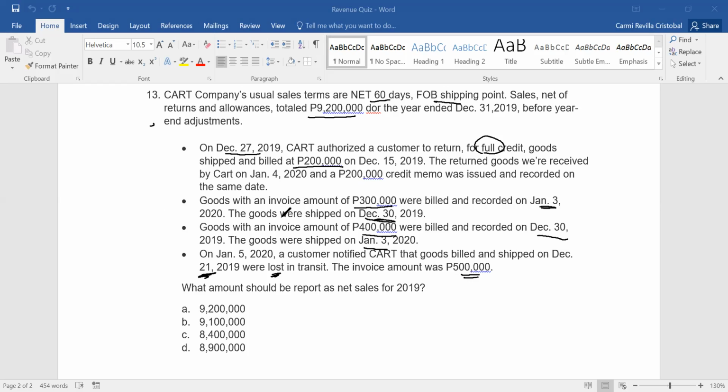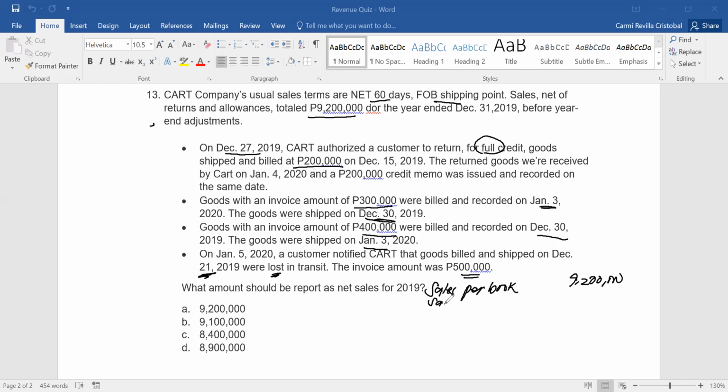Okay, so let's compute. So, let's do how much yung sabi ng sales before adjustment. 9.2. Okay. Next natin is yung credit memo. So, merong bumalik, diba, na 200.